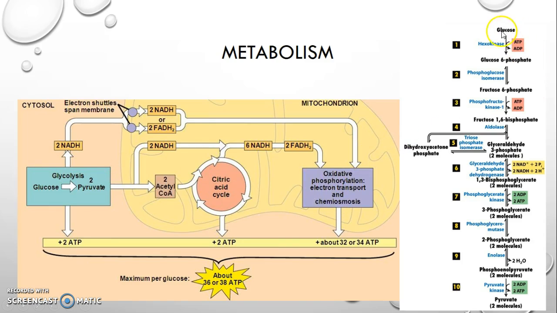And here we have glycolysis right here. We have glucose going to pyruvate. This is the whole entire extensive process in all its glory. You can see glucose here, and then it goes through all these steps, and then you get 2 molecules of pyruvate. This gives you an idea of how extensive this process is. Each one of these, hexokinase, phosphoglucoisomerase, everything in blue, is an enzyme that catalyzes a reaction.